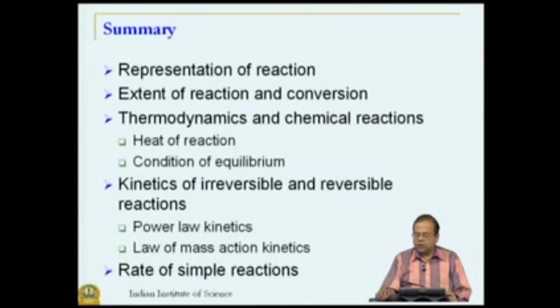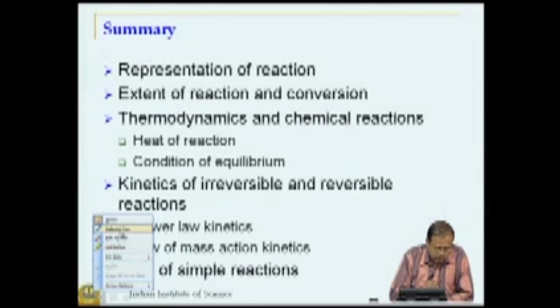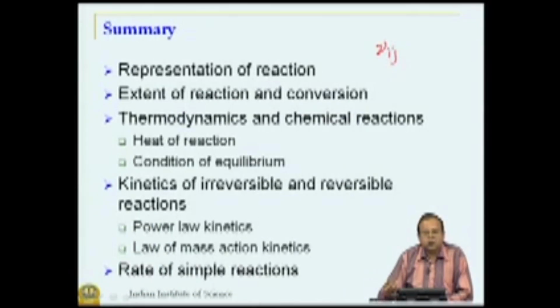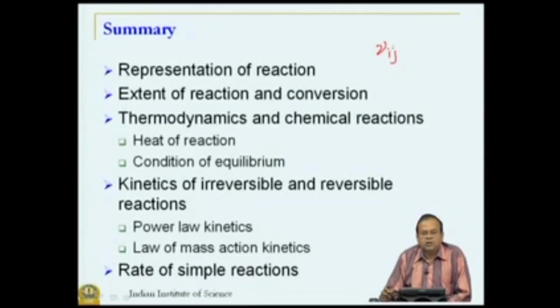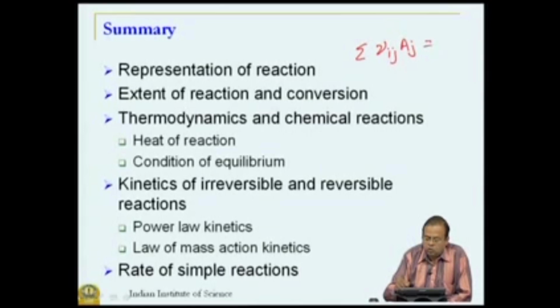So, we said that we will define the stoichiometric coefficient nu ij as the stoichiometric coefficient of species j in the ith reaction, and then represent the ith reaction as summation nu ij Aj equal to 0.